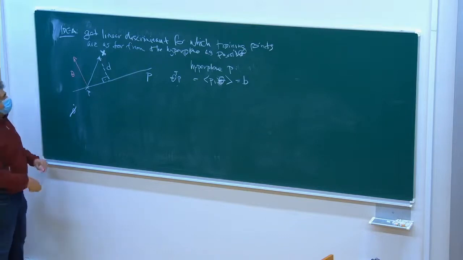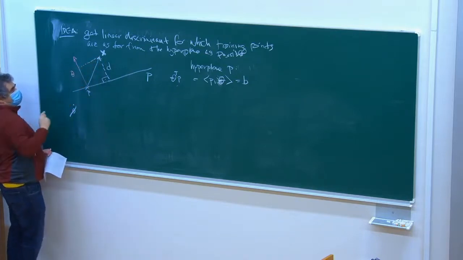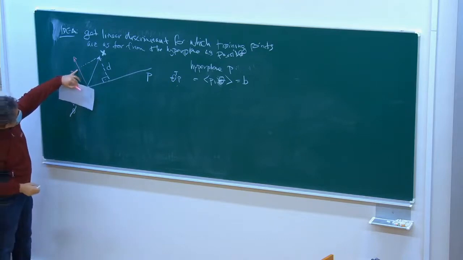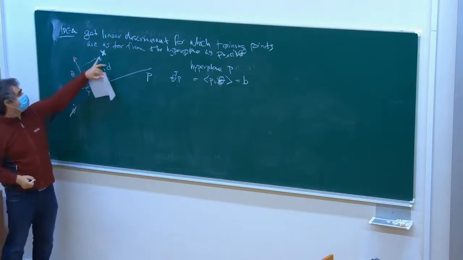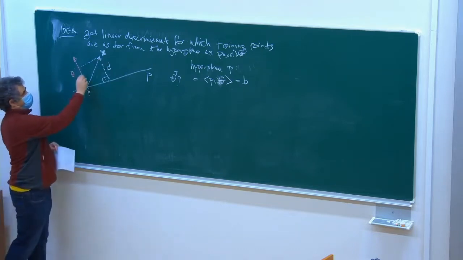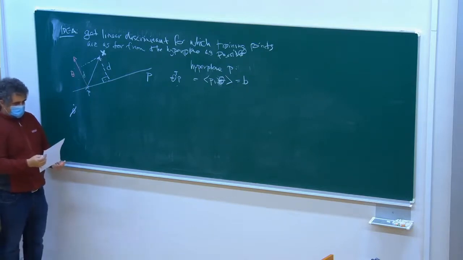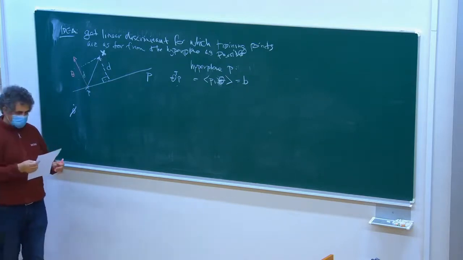Basically, one way of looking at it is that I want to project this vector onto this vector theta, and if I do that, I will get a vector of proper length d. Okay, so how do I do that?